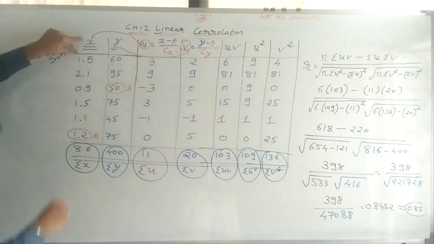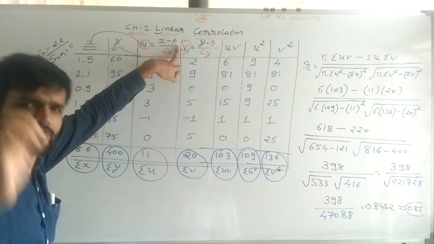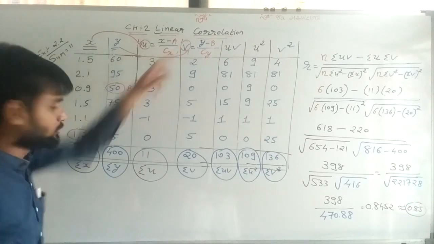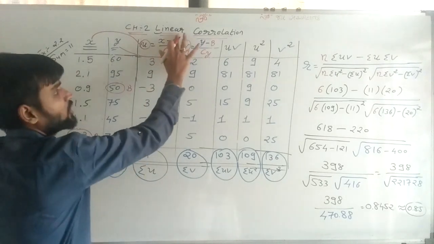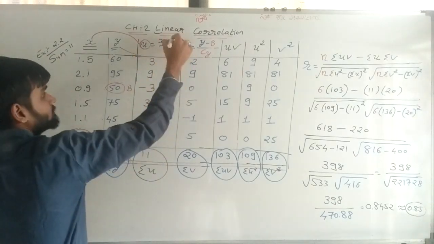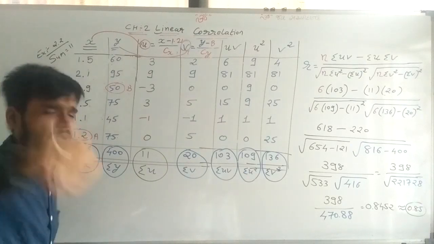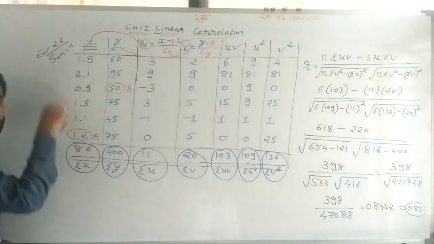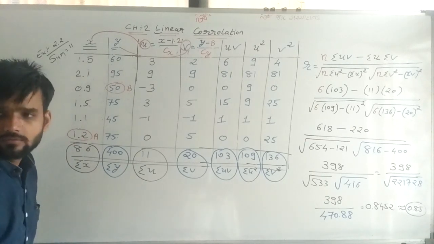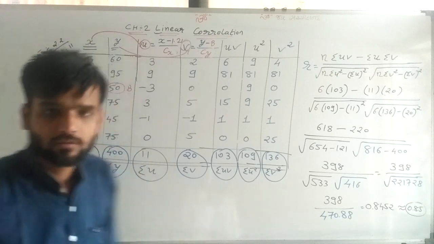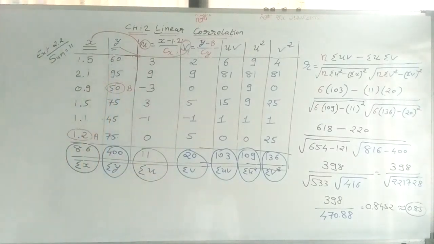From these values of x, minus a, an assumed value, we are deducting from x. Here I have assumed 1.2 only. So I am writing here, instead of a, the assumed value is 1.2. You can assume 1.1, you can assume 1.5, you can assume 0.9, whatever you want to assume, you can. But here I have assumed only 1.2.